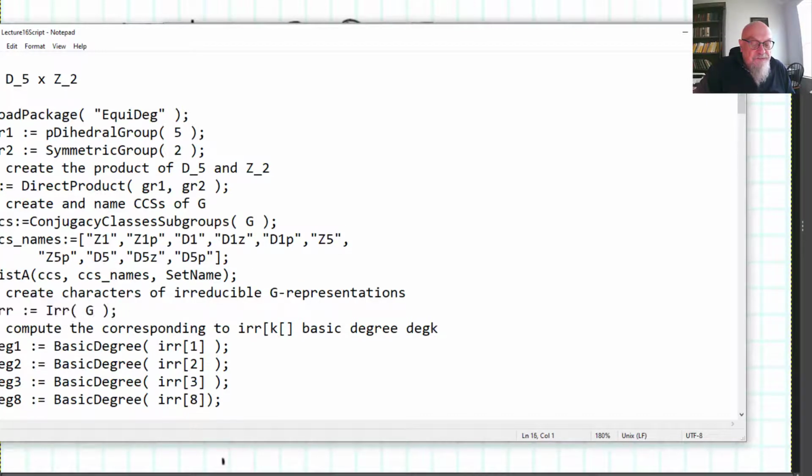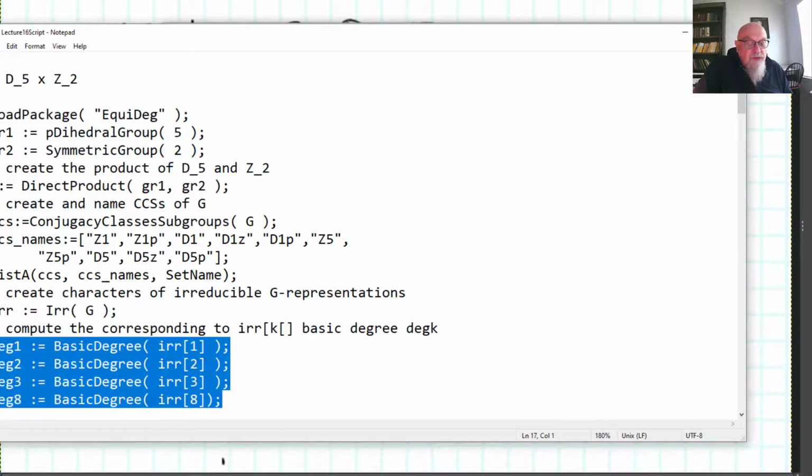Then we find the list of all irreducible representations by identifying their characters, and then we'll compute some, not all, of the basic degrees. So let me do it.